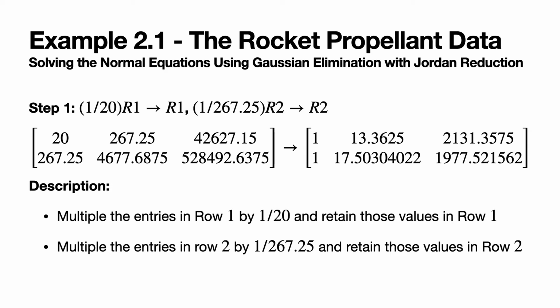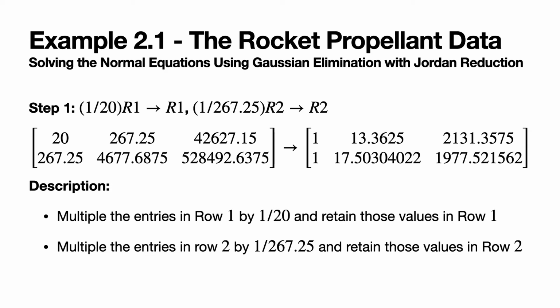So step 1 says, and you will read along in the description below, the notation above is the shorthand way of representing this, but in words we would say that we're going to multiply the entries in row 1 by 1 over 20 and retain those values in row 1.